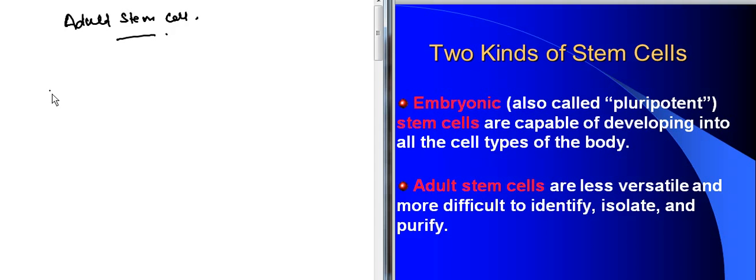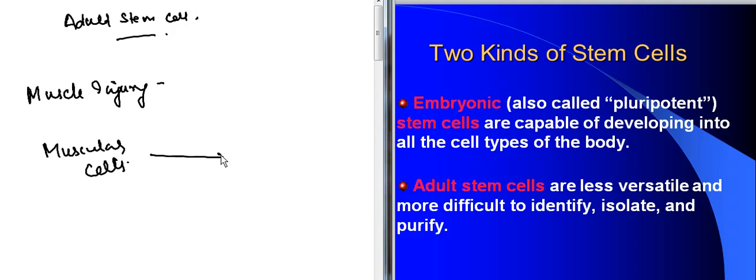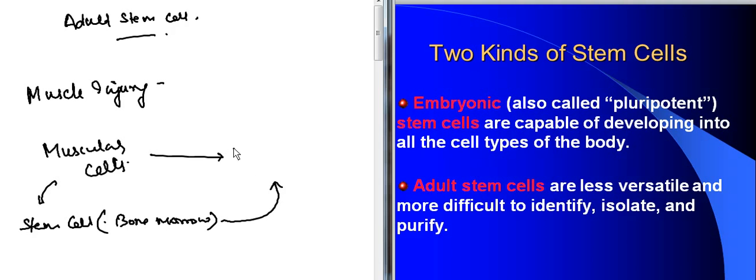Suppose I have a muscle injury, so the muscular cells or your stem cells, which are present in bone marrow, form new muscle cells to replace the damaged muscle cells.